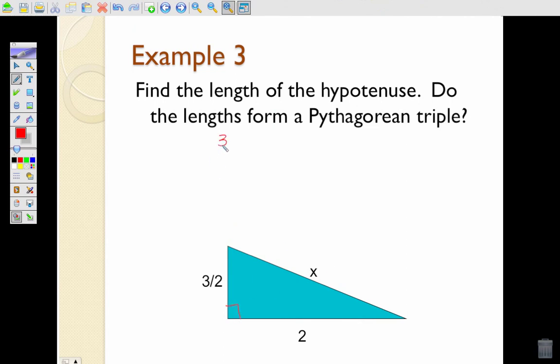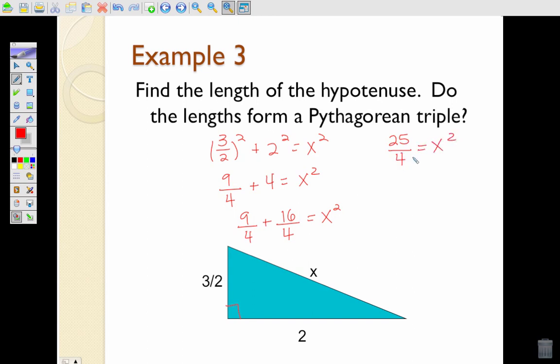Example 3, we are looking for the hypotenuse again. This time we have a fraction. 3/2 squared plus 2 squared equals x squared. Remember, when I square a fraction, I just square the numerator and the denominator. And I'm going to go ahead and just get a common denominator, all without a calculator. So I'm going to make this 9/4, and I want this to be over 4. So I would have to multiply and get 16. 16/4 is the same as 4, but now I have a common denominator.